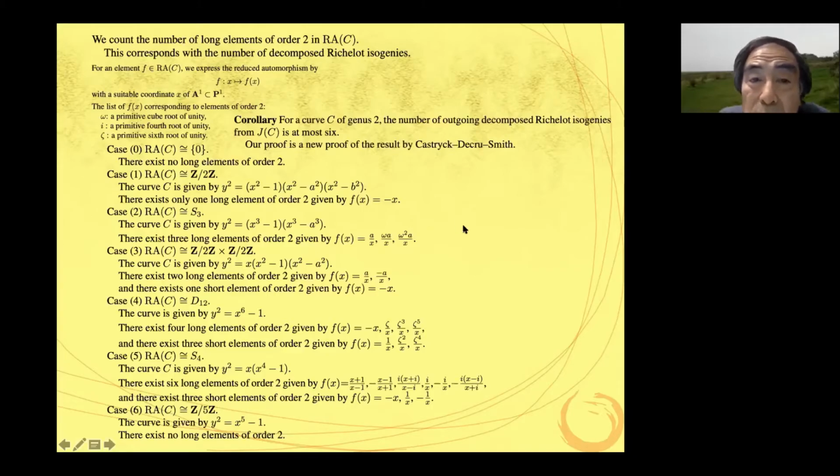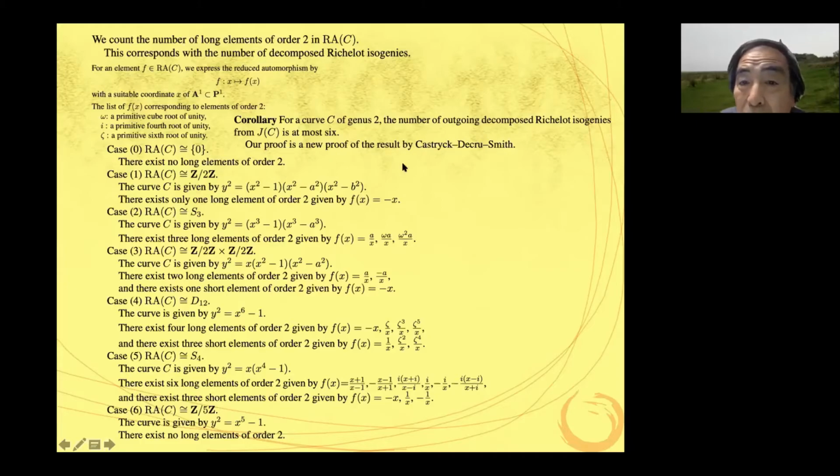And we have one corollary. For a curve of genus 2, the number of outgoing decomposed Richelieu isogenies from JC is at most 6. This one is this one: 1, 2, 3, 4, 5, 6. So this curve has 6 long elements. So if we consider this curve, the Jacobian of this has 6 decomposed Richelieu isogenies.